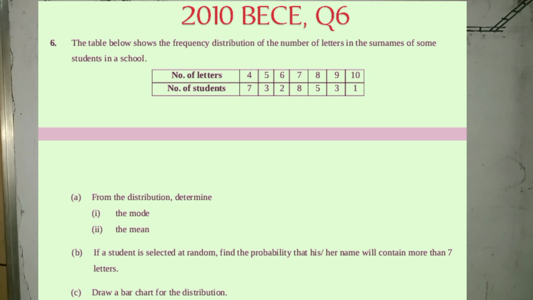And the B part says that if a student is selected at random, we should find the probability that his or her name will contain more than 7 letters. And the last part says that we should use that particular information to draw a bar chart for that distribution. So without wasting time, let's get to business.